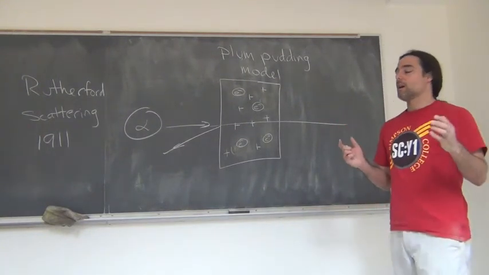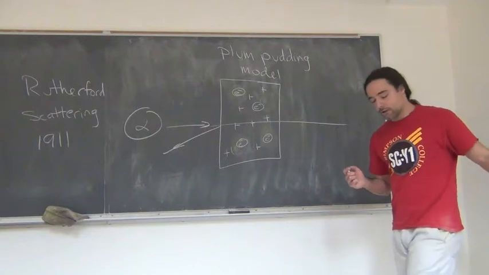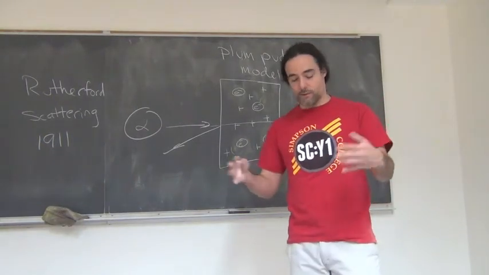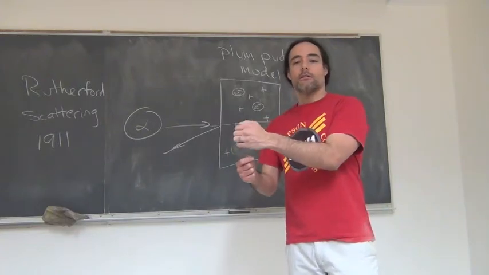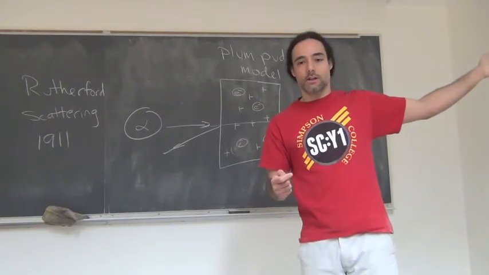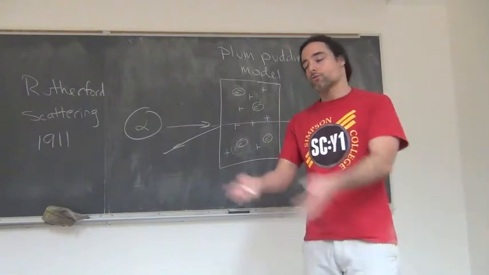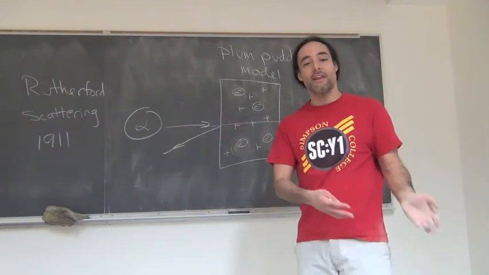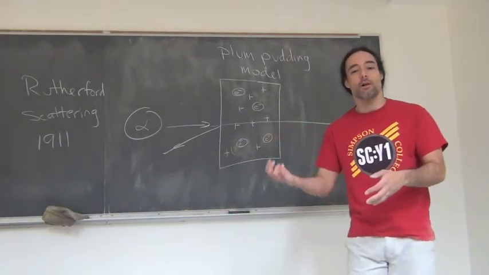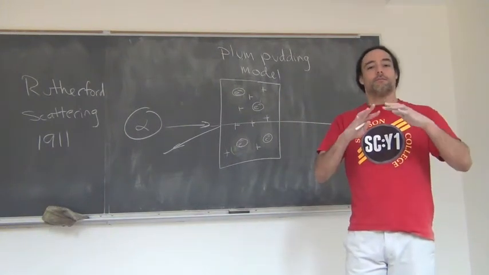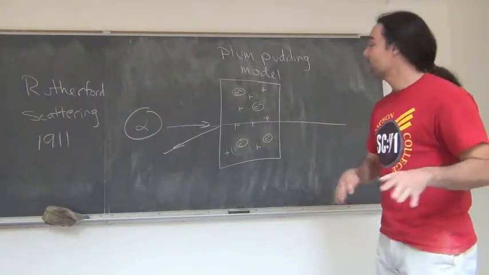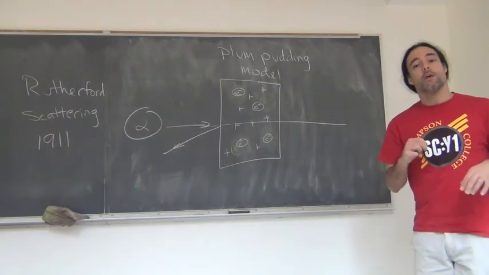That's like you're driving your Mack truck down the street, and there's a bunch of baseballs there, and then occasionally the Mack truck hits a baseball, and it goes flying backwards in the other direction. Or you're dropping bowling balls into a pool, and then every once in a while, the bowling ball hits the surface of the pool, comes back out, and hits you in the face. Very hard to understand what's going on there, given the plum pudding model.